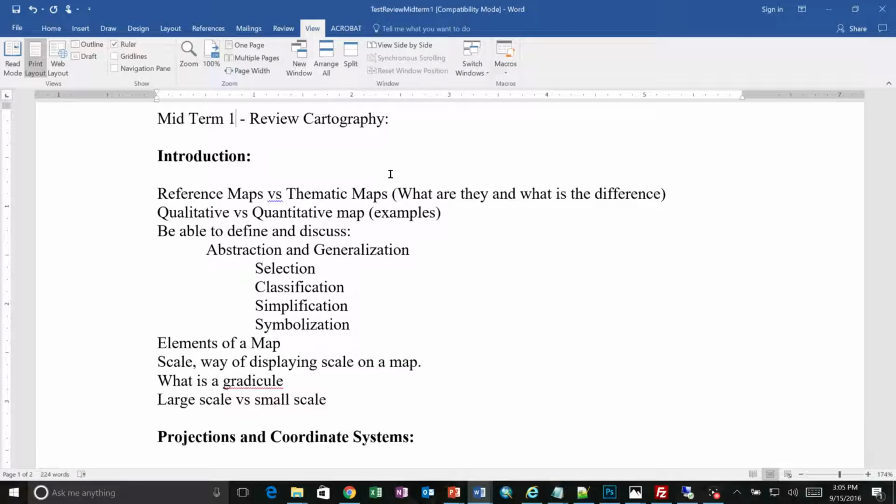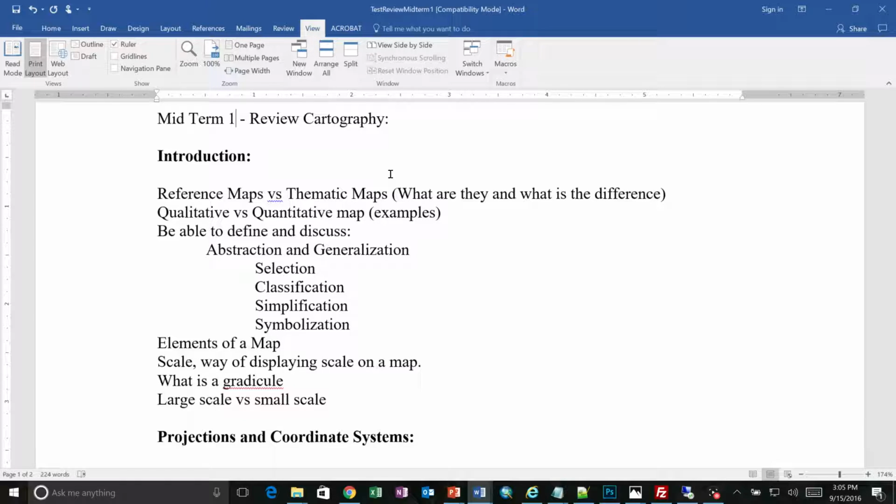By the way, this would never happen, but if I had one that said 1 over 5,280, what that means is that 1 unit is equal to 5,280 units. So, what that means is that 1 foot on my map is equal to what?